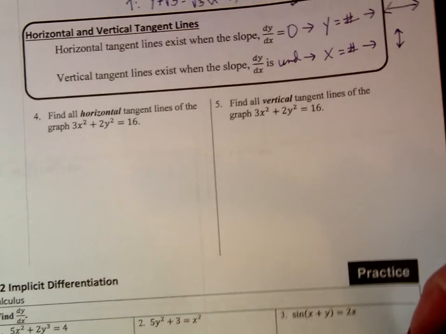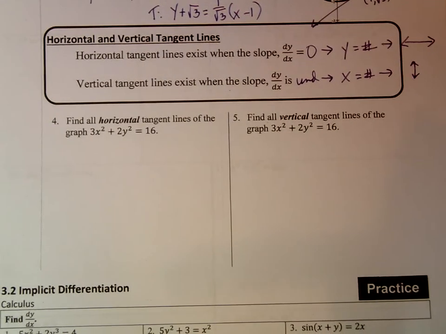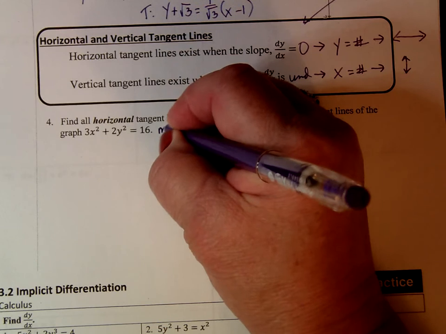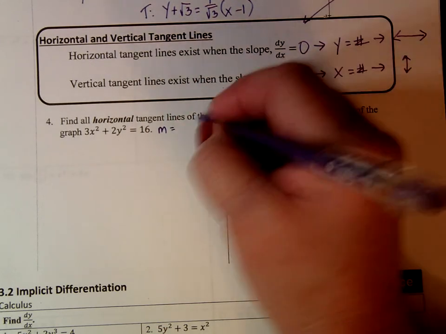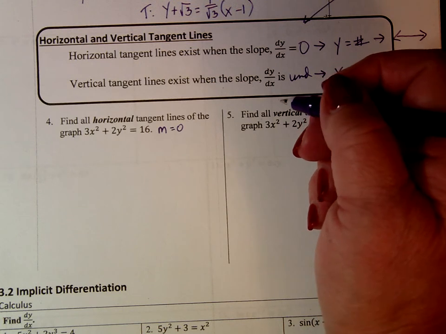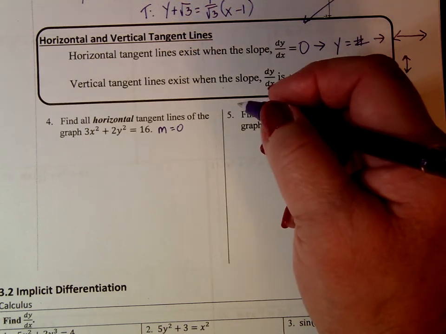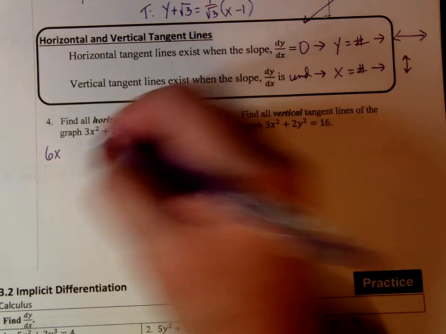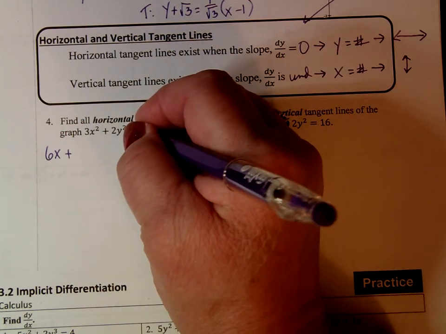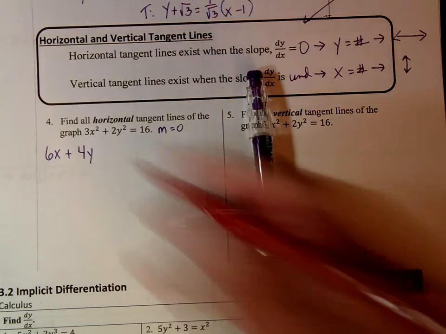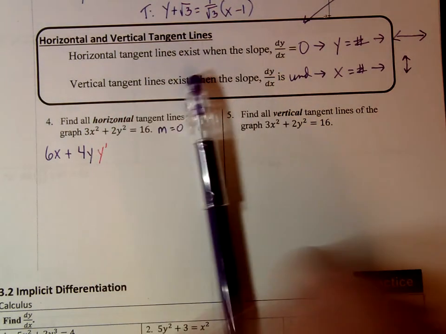Number 4, find all the horizontal tangent lines for this guy. Well, we know that it's going to be horizontal when the slope is 0. What's the slope? You've got to figure it out using derivatives. So here it is. 3x squared gives you a 6x. 2y squared gives you a 4y, y prime. Oop! You took the derivative of a y. Then 16 is 0.